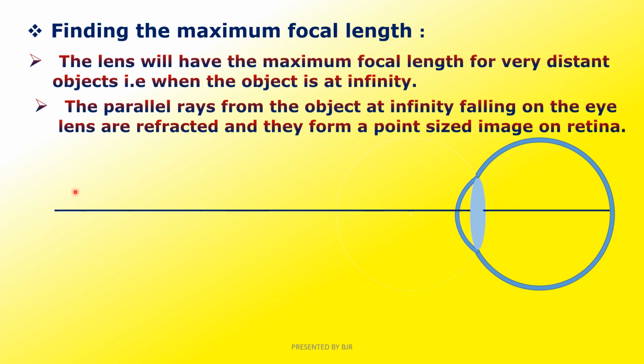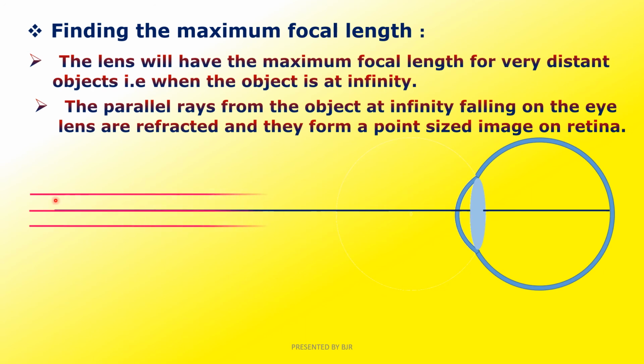So here some parallel rays will come like this. These rays are also parallel to the principal axis. We know that when rays travel parallel to the principal axis and fall on a convex lens, after refraction they will converge to the focal point.